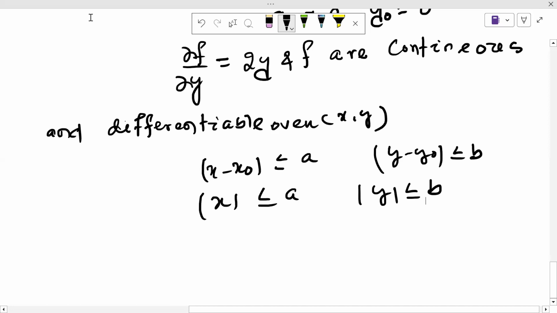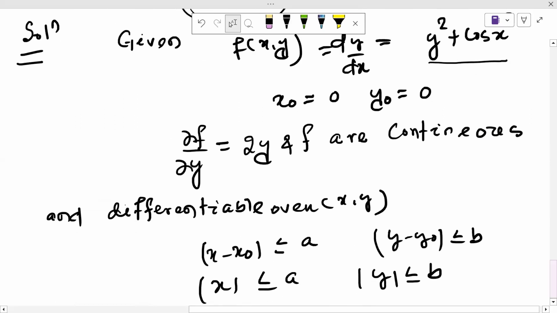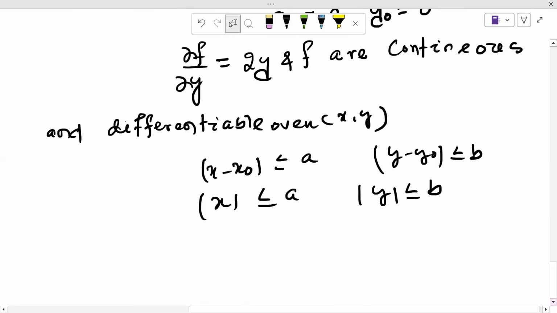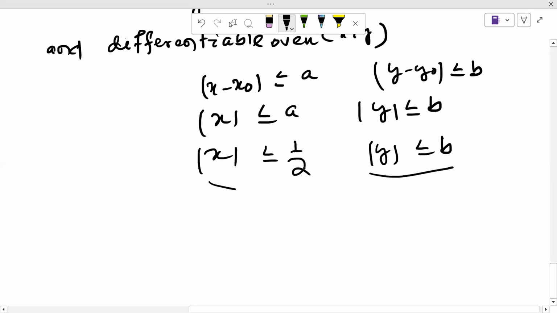But what is the other given condition? Mod of x is less than or equal to half, and mod of y is less than or equal to b. This is given to you.